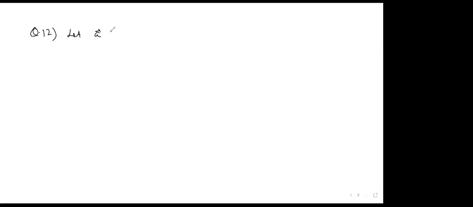Let vector A equal i plus 4j plus 2k, vector B equal 3i minus 2j plus 7k cap, and vector C equal 2i cap minus j cap plus 4k cap.